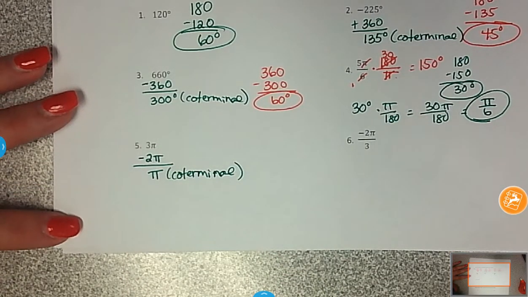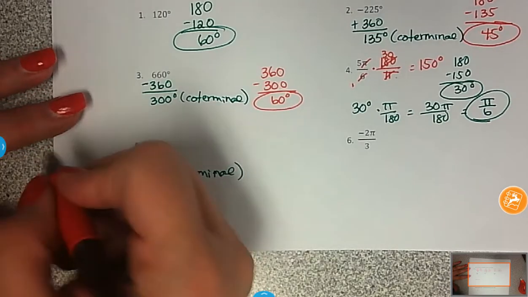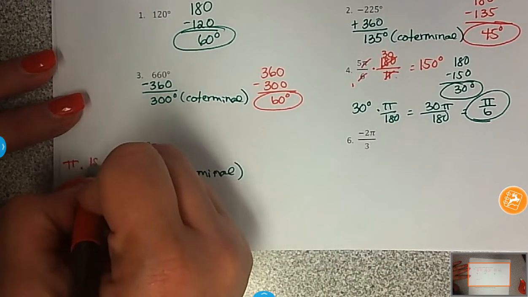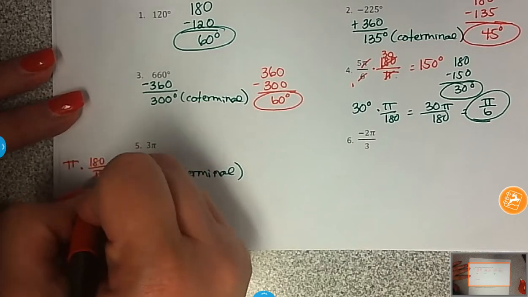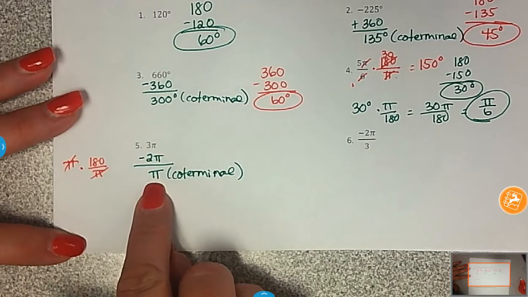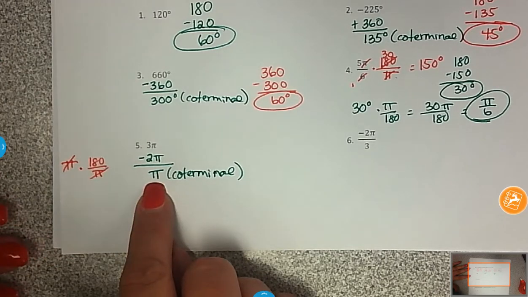And so I want to show you something with this pi here real quick. If you take pi and convert it to degrees, guess what? Pi is 180 degrees. So since this is 180 degrees, it's not between 0 and 90. So I'm going to have to subtract.